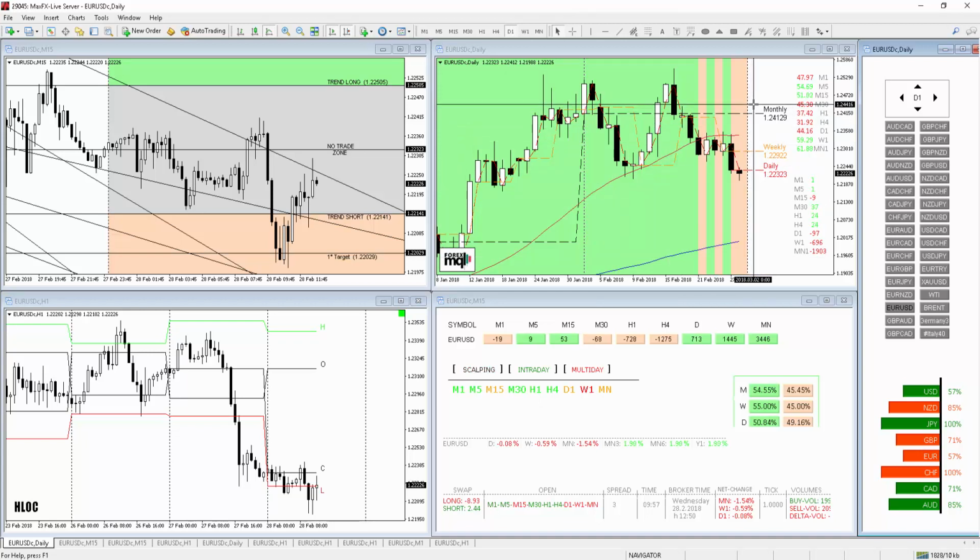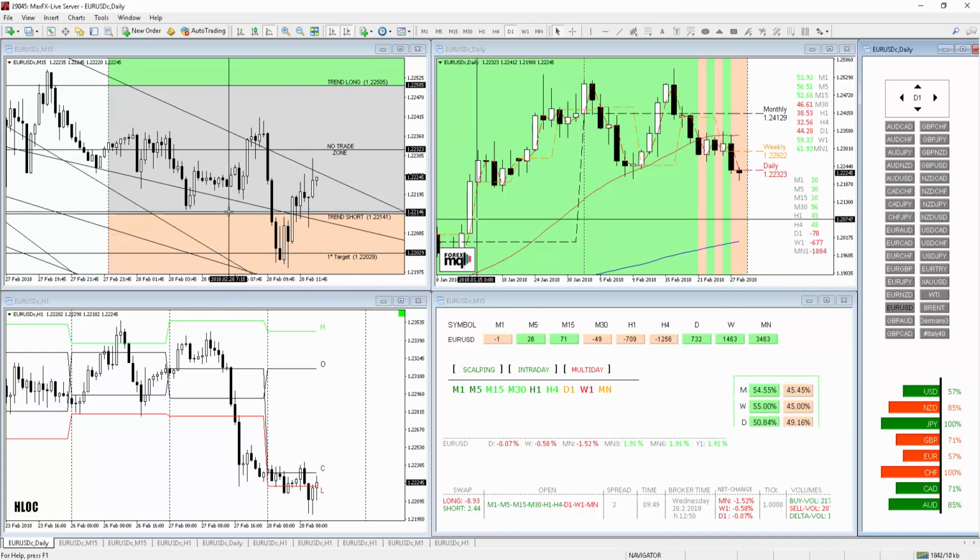We have an RSI below 50 from M30 to the daily, a 57% short euro against a 57% long US dollar. So should the market go back below 122.14, we may have a continuation to the downside. The scenario would change above the daily opening, entry level of the bullish zone of the target geometry on a daily basis, 122.50.